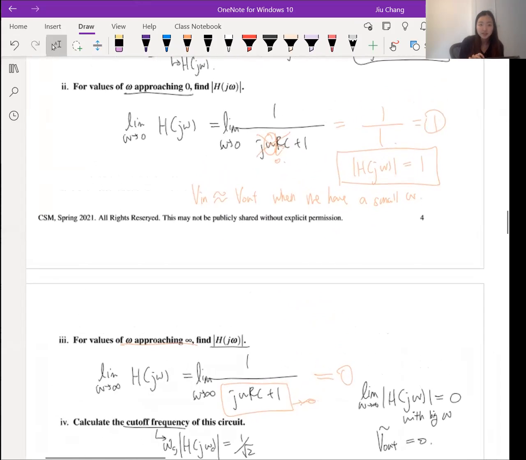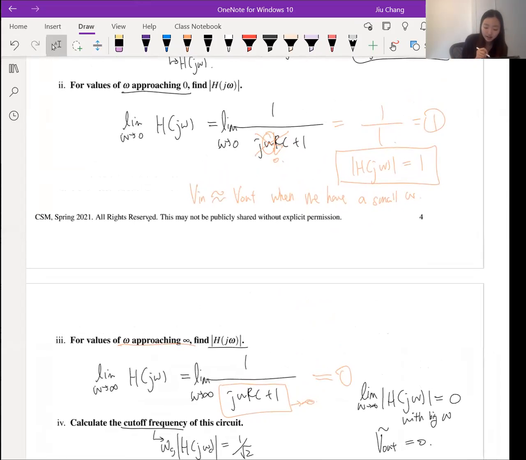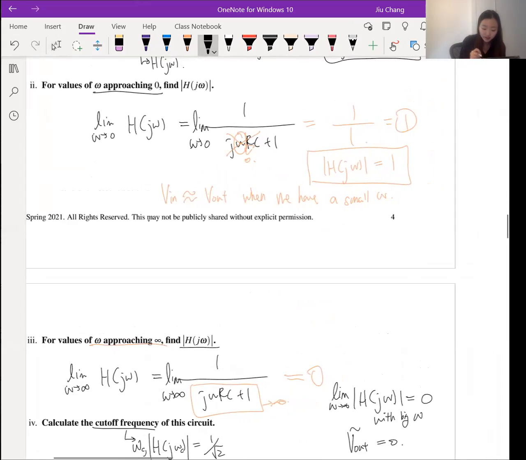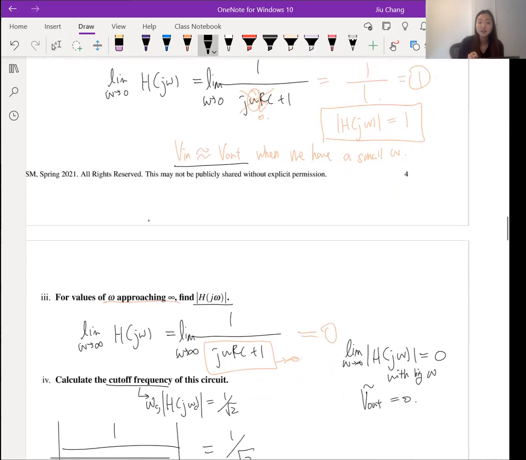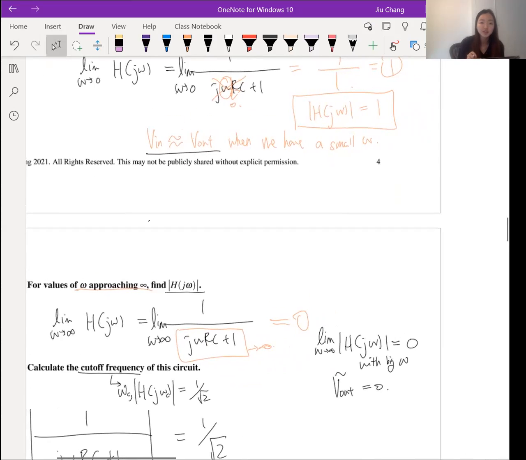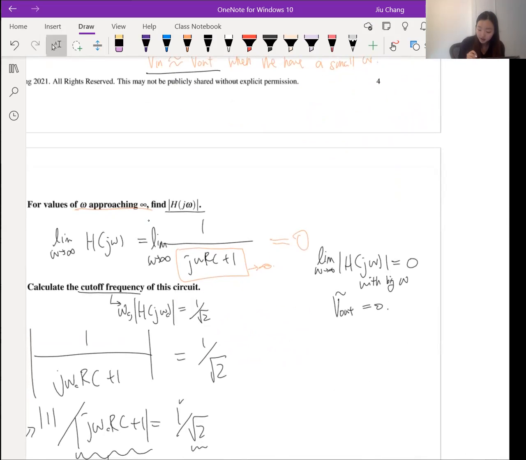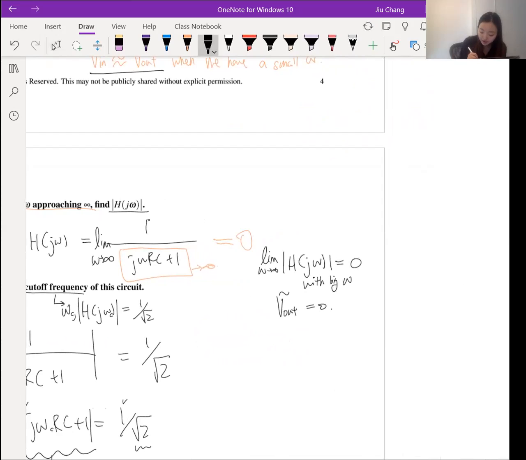One thing to notice here is that as the frequency approaches 0, so for a small omega, our output is almost equal to our input. But for a large omega, our output is 0.